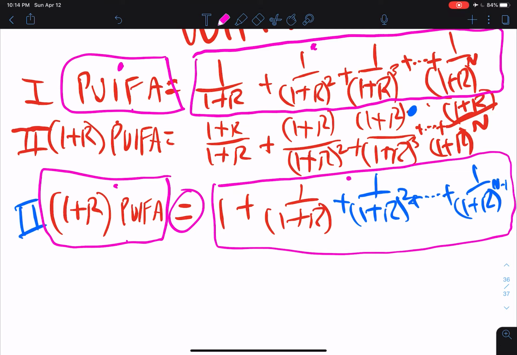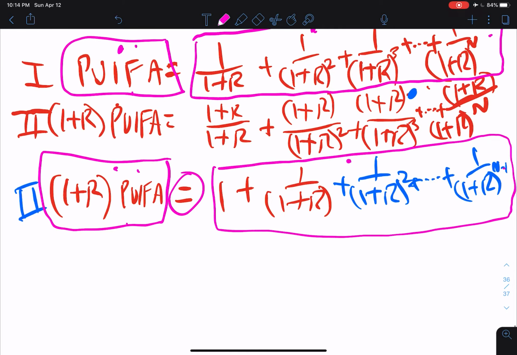Okay, so let's see what happens. Well, if I subtract this from this on the right-hand side, and again, if I subtract this from this on the left-hand side.